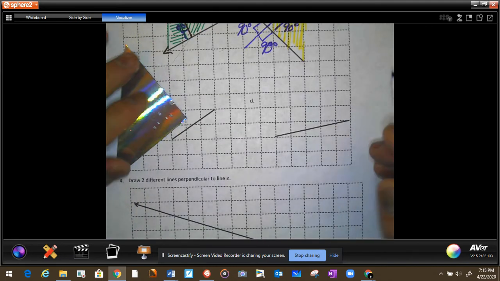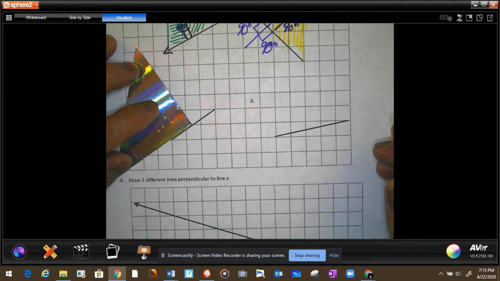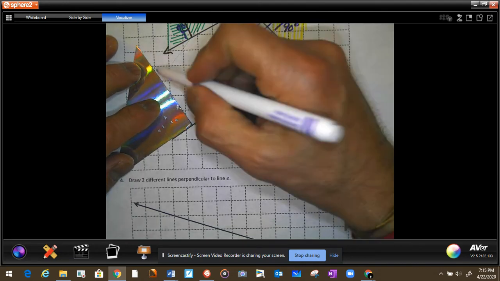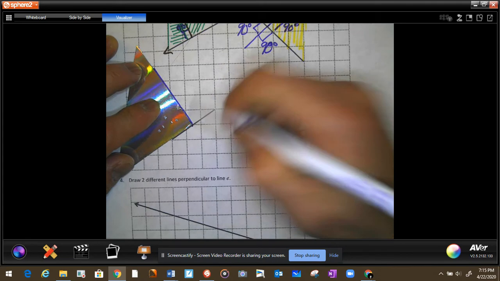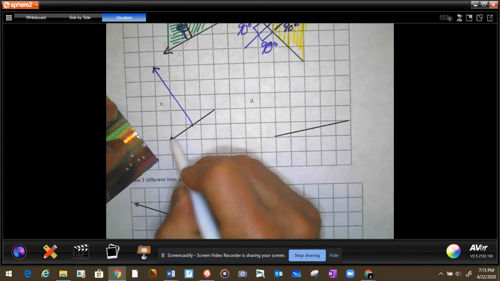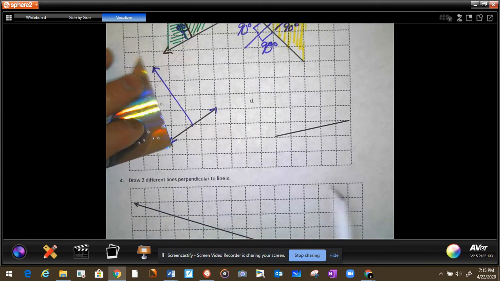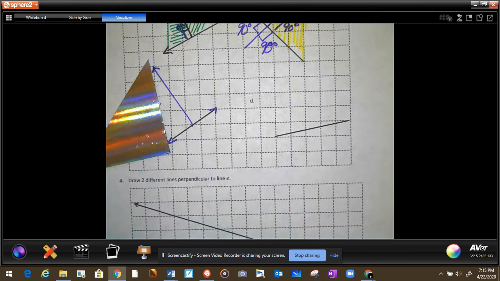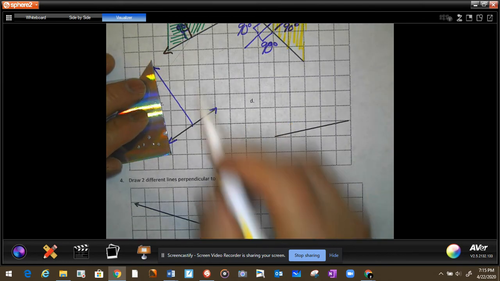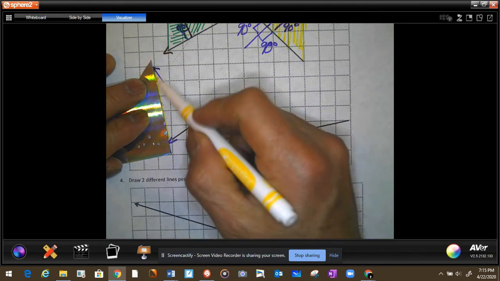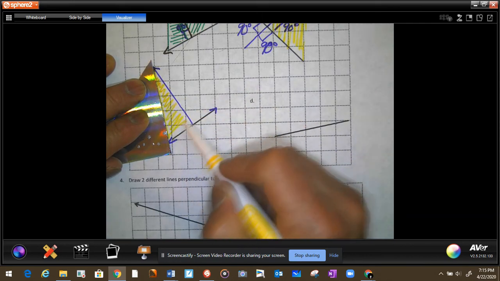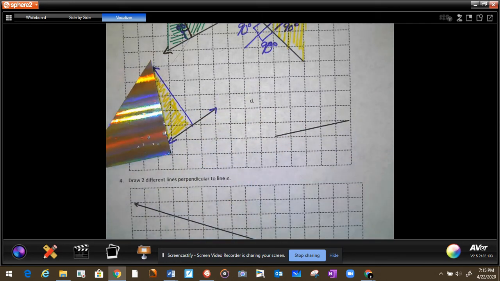Let me place my right angle right on top of the diagonal line, and that's going to be our set of perpendicular lines. And let's show the triangle by coloring it. And this is how I know this is a perpendicular line. Okay, it's a triangle that has a right angle.